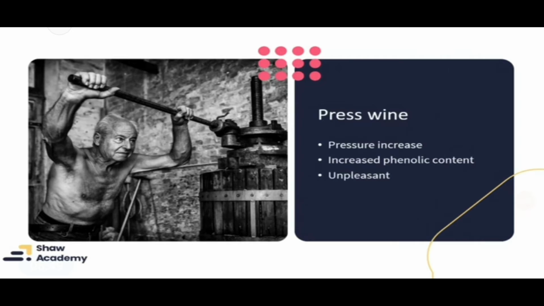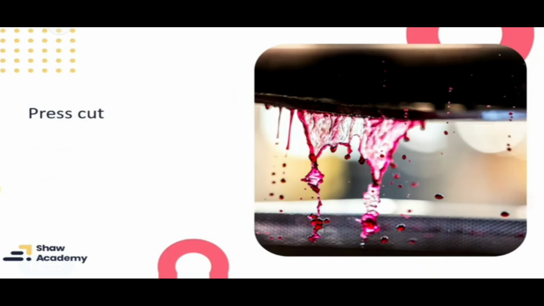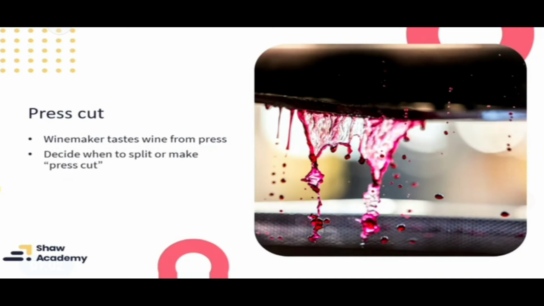There comes a point in the pressing process where the phenolics are unpleasantly high, and the winemaker will decide to keep this fraction separate. The winemaker will taste the wine coming out of the press during the press cycle and make the decision of where to split the wine, or make a press cut, as we refer to it in the industry.